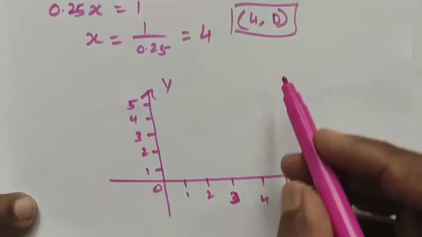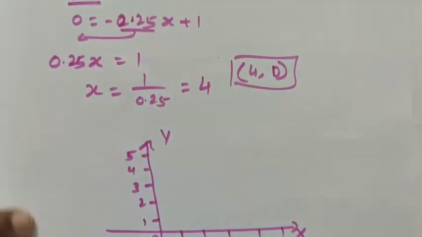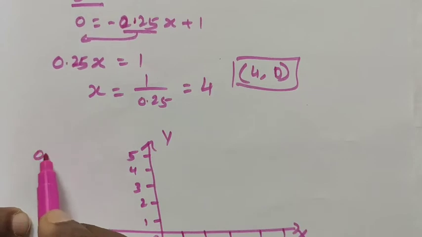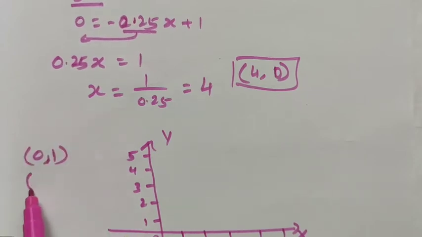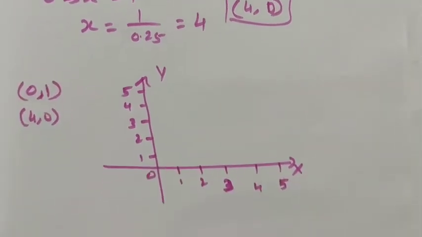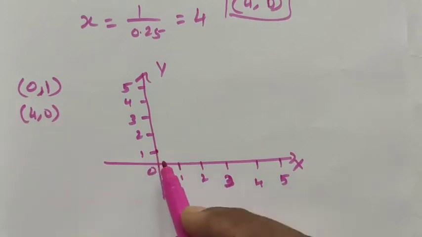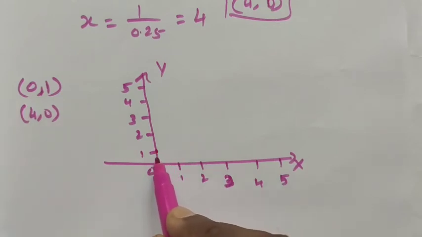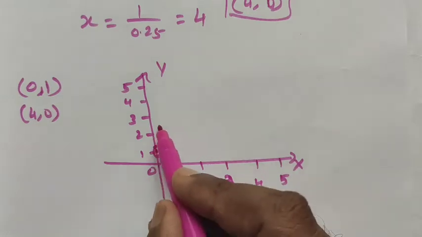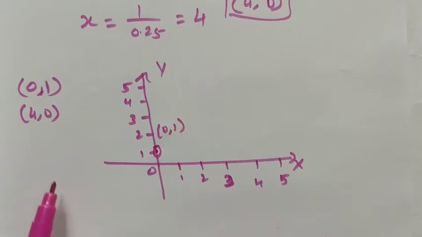Now see that the 2 points are (0, 1) and (4, 0). See, x-axis 0, y-axis 1 means this is the point. This is (0, 1). And then x-axis is 4, y-axis 0 means the point lies here.